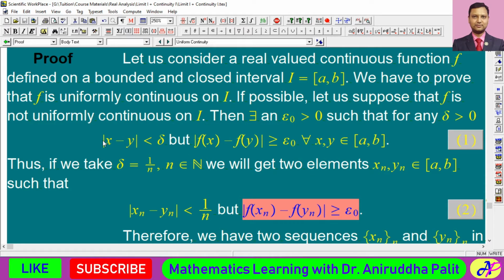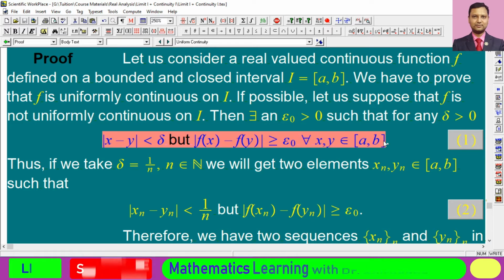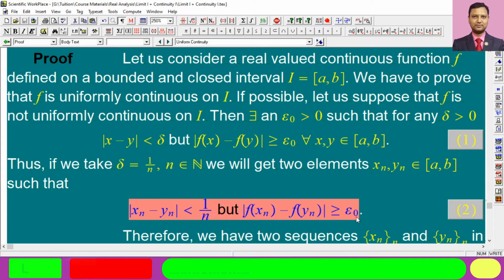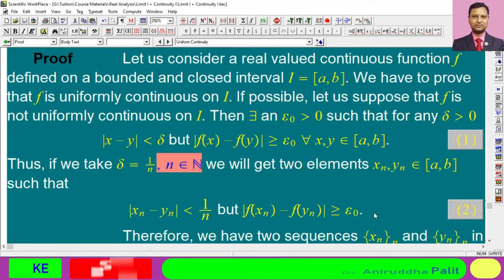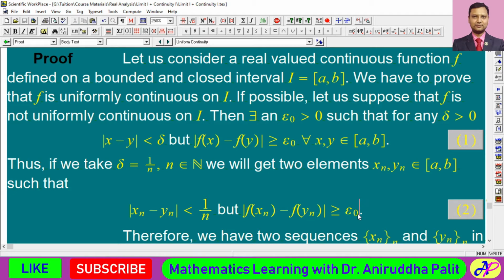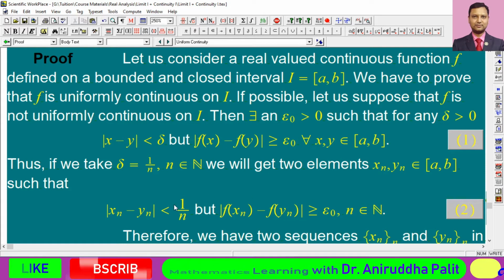So xn and yn must satisfy this condition, equation number 1, and that's why we get this result, and this is true for all n belonging to the set of natural numbers N.